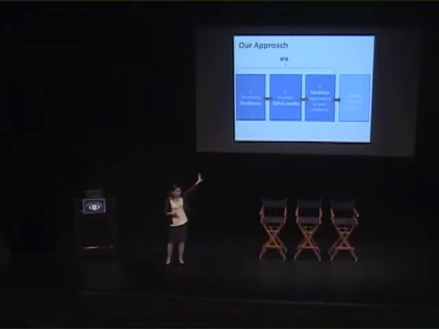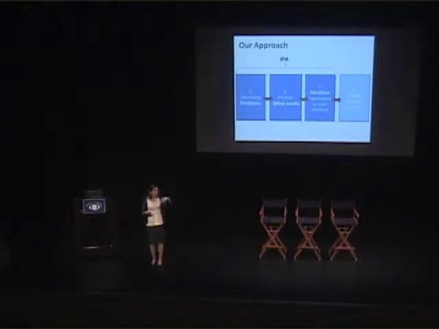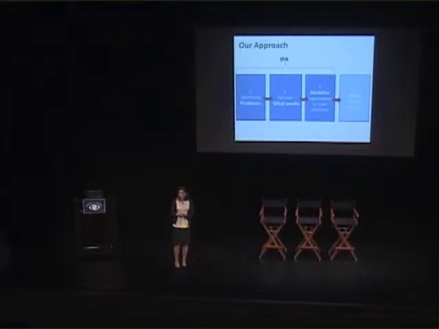Then we figure out what solutions could potentially address those problems. And then we evaluate the impact of these potential solutions using rigorous evaluation methods. We mostly use the randomized control trial methodology, which is the same methodology that's used in the medical field to evaluate the impact of medicines.